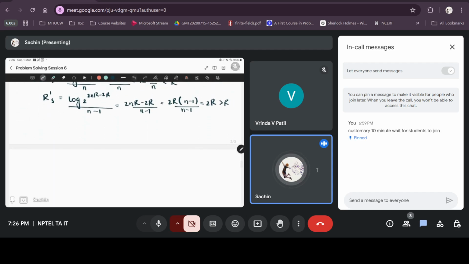So we can say if rate R is achievable, then for all rates R dash less than or equal to R, R dash is also achievable.